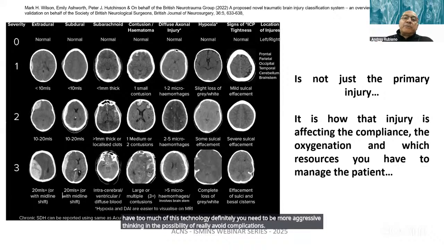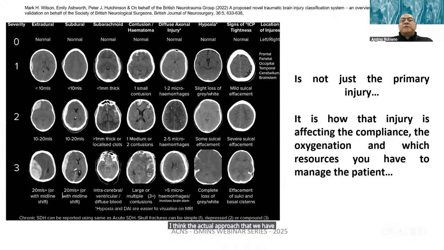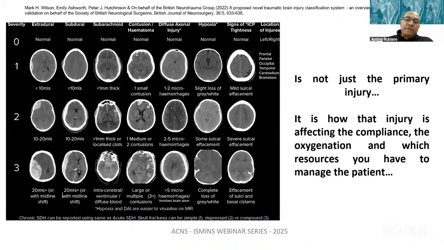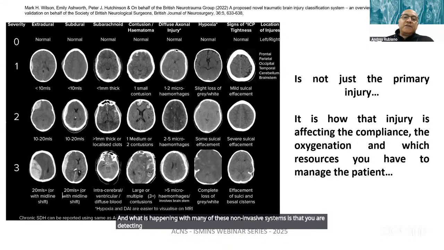I think the actual approach that we have for managing many of these patients is to act very late, when the patient has already deteriorated or is showing signs of herniation. And what is happening with many of these non-invasive systems is that you are detecting small changes in the skull before the patient gets the complications.